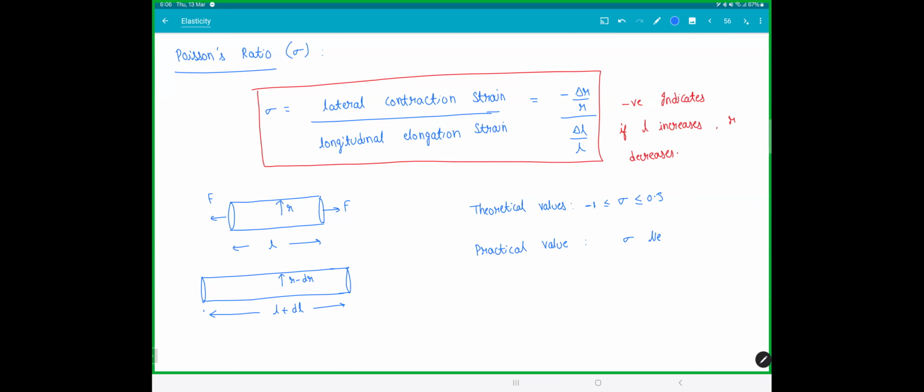So negative values don't exist. Practically, sigma lies between around 0.2 and 0.4. Those are the practical values. Clear with this? There is only one formula there. It gives you the relation between the radius and the length.